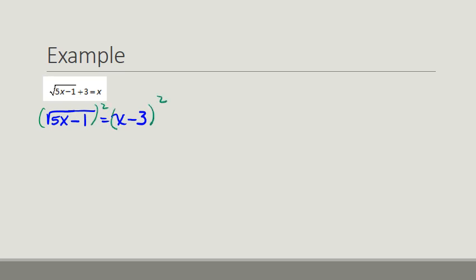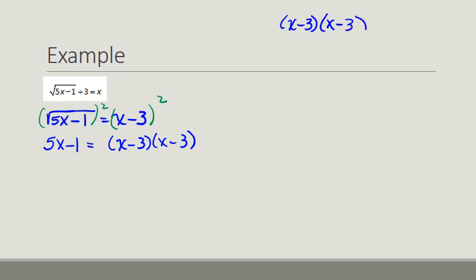And when I square both sides, I'm going to get 5x minus 1 equals x minus 3 times x minus 3. I'm going to do some scrap work over here, just because I don't want to write 5x minus 1 over and over again, because I'm a little bit lazy.